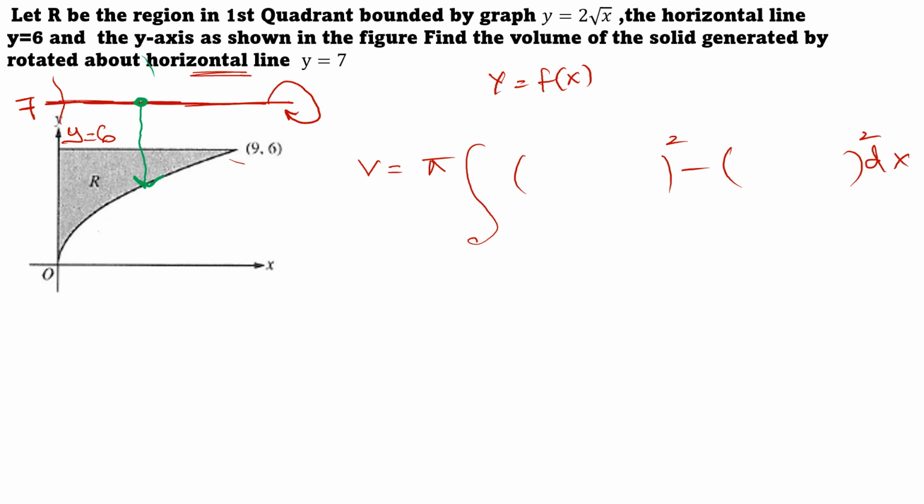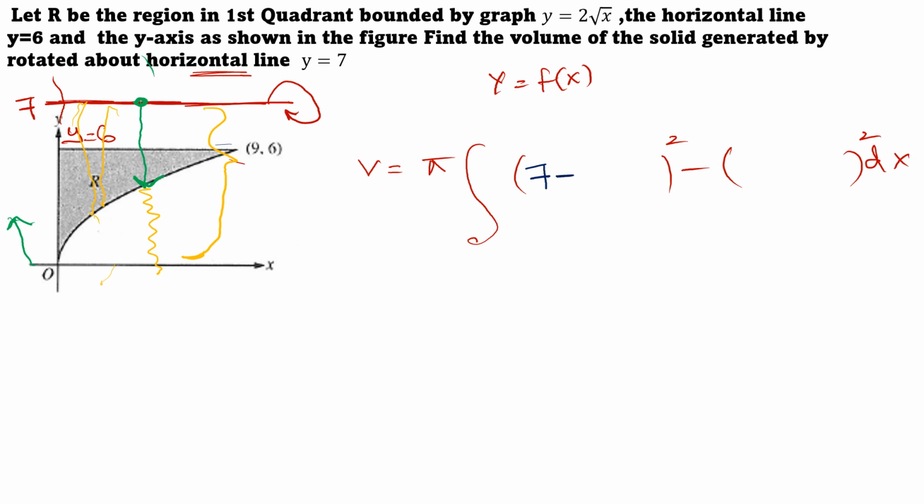But I also told you that we cannot go from down to up. We have to go from up to down to up, which means that this part is left behind. Whether we go from here or from there, this part is left behind. From here till here, the distance is 7 minus the curve.